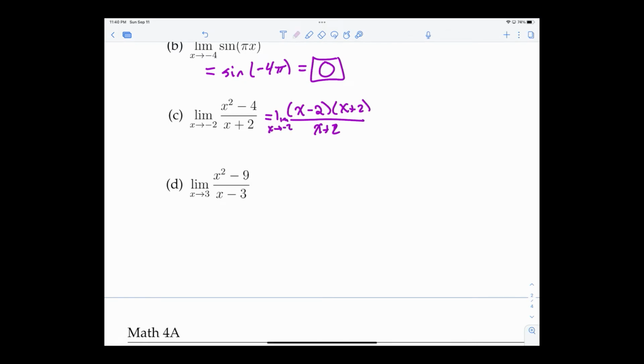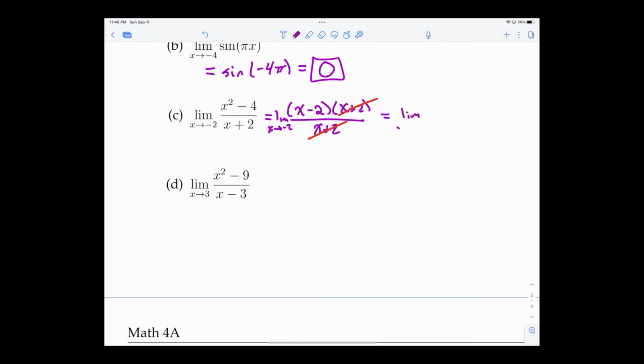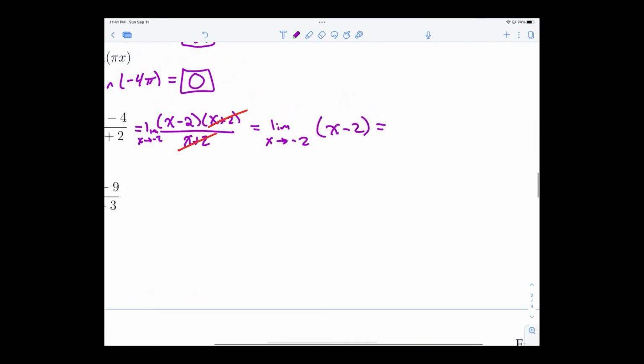Of course, the point is that you have an x plus 2 there and there. So this is the limit as x goes to negative 2 of just x minus 2. So you plug in negative 2, it's negative 2 minus 2, so it is negative 4.